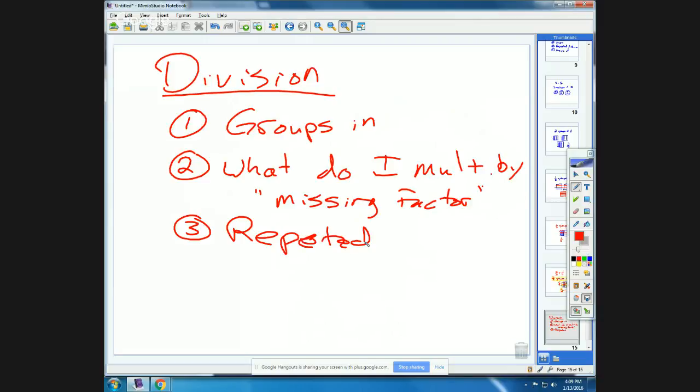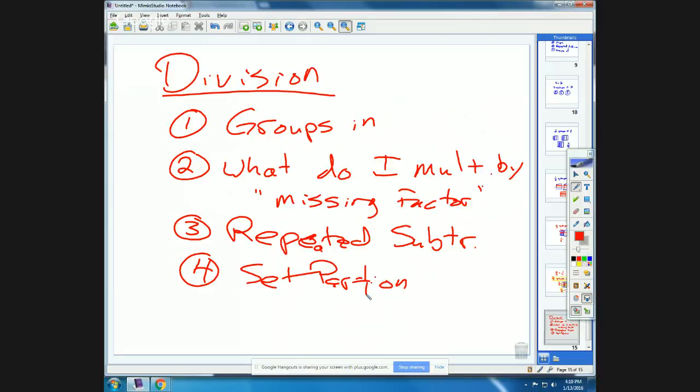Is there an E in there? Yeah, REPEA. Subtraction. Set partition. That was all, I think. I'm going to go for the groups in one.